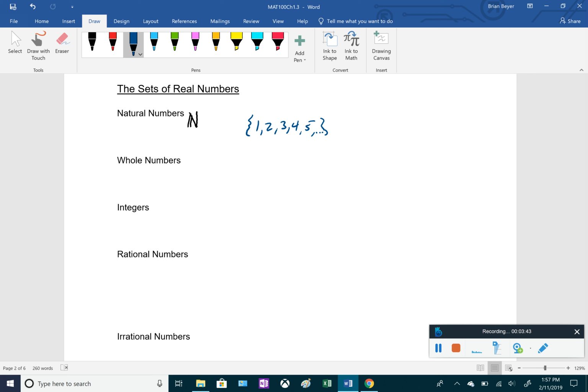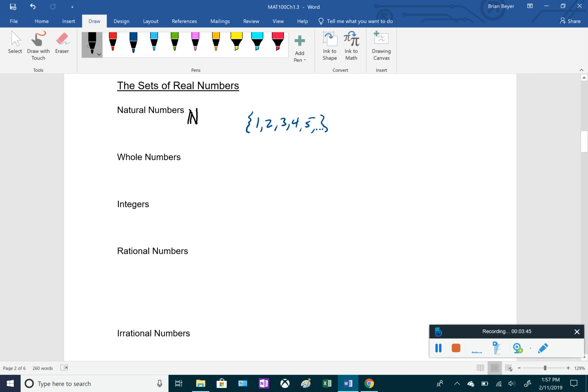Okay, so that one we should know by now. The next one is whole numbers. Whole numbers gets denoted with a W. Whole numbers is actually going to be all of the natural numbers as well as 0. So it's going to be 0, 1, 2, 3, 4, 5, 6, 7, 8, 9, 10, and so on.